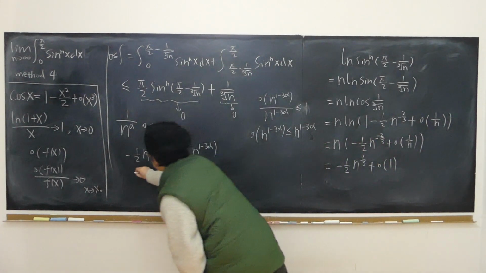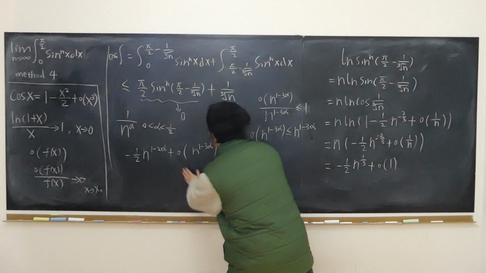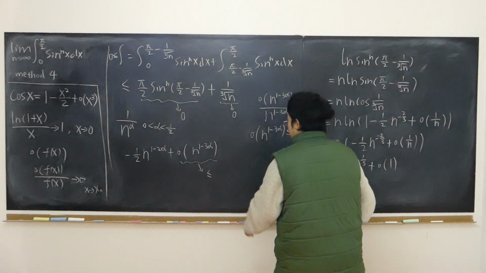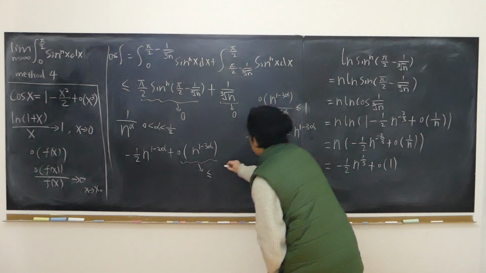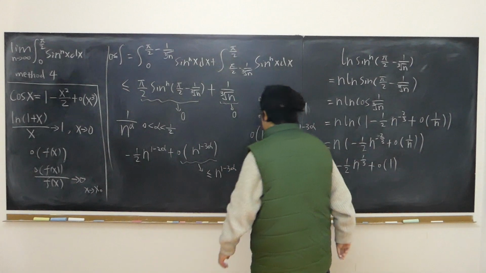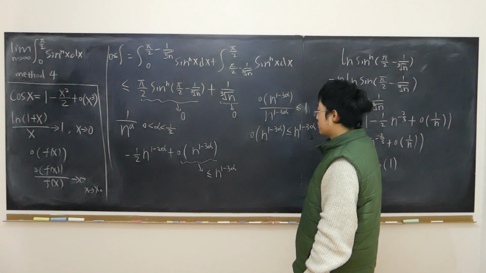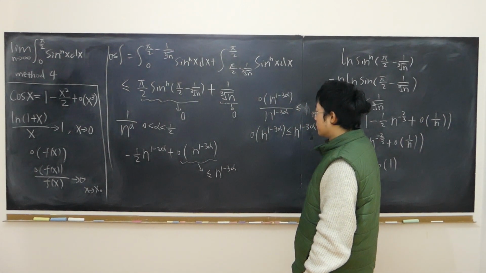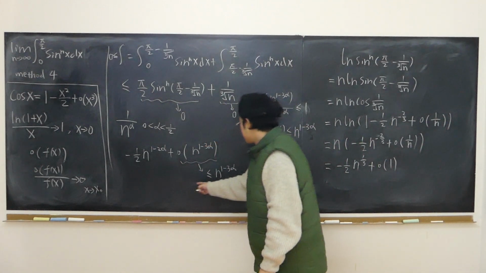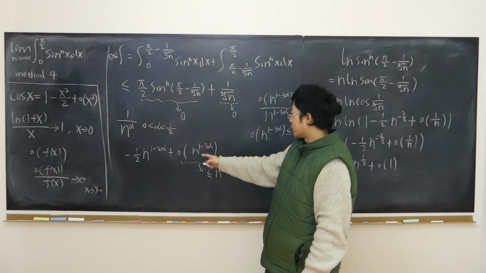So I can claim that this quantity is less than or equal to n to the power of 1 minus 3 alpha. And eventually I want to show that this whole quantity approaches negative infinity.